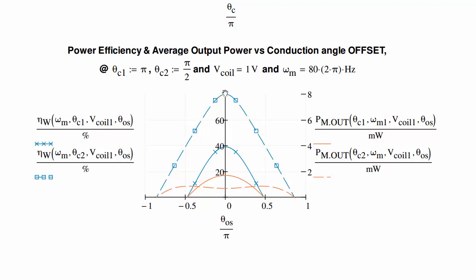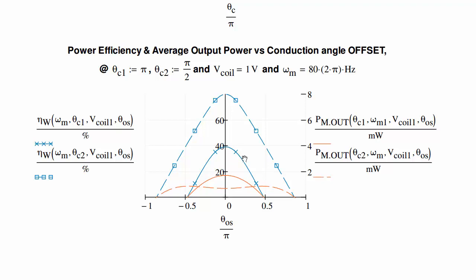But because we're starting at such a higher level, and because it decreases to 0 over almost twice the distance as what the efficiency curve covered for the case where we had a full conduction angle of pi, the slope here is going to be shallower than in this case.